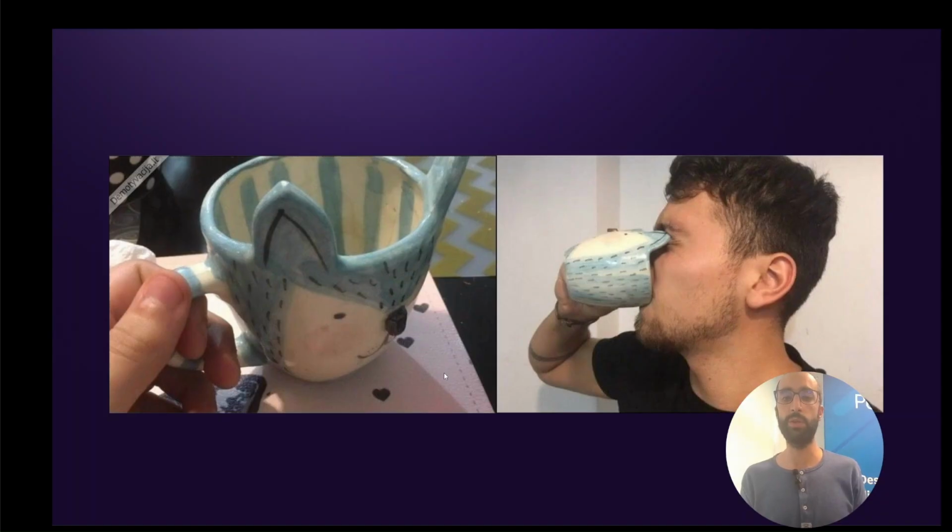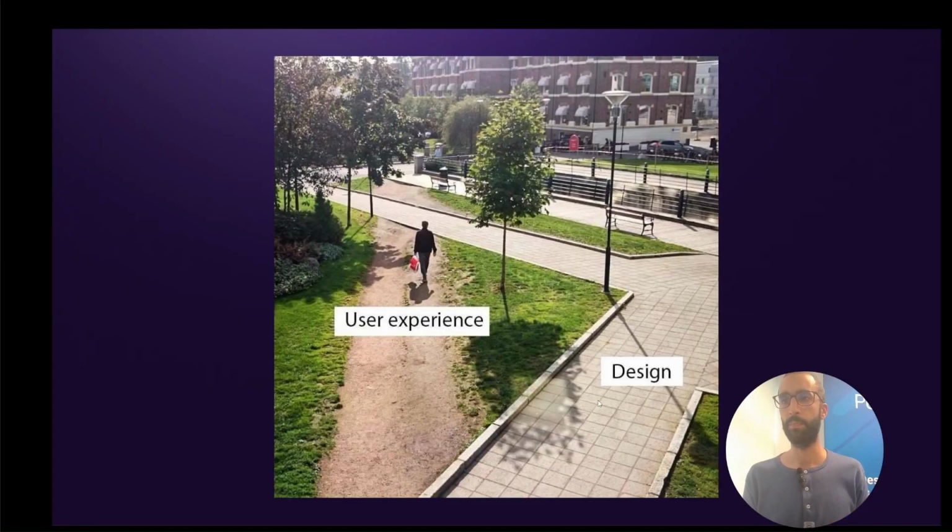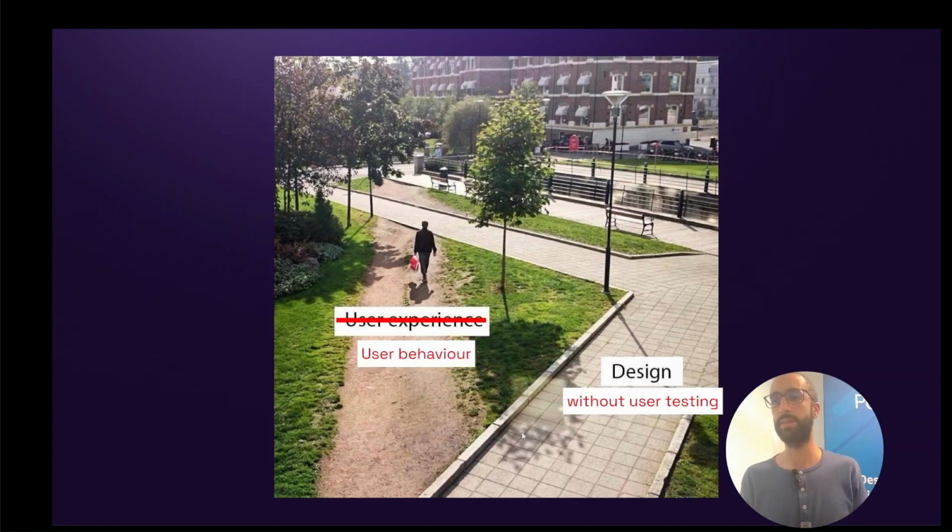This is what happens when you don't do user testing. For example, you might make a design that is beautiful, but when the user tests it, they will not like it, or they will find it harmful. This is another misconception, that this is the UX and this is the design, but this is false, because this is a design without testing.